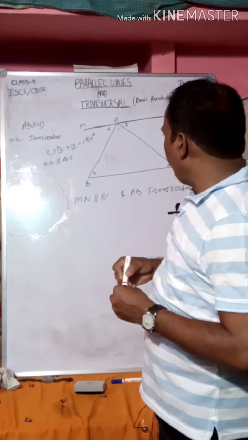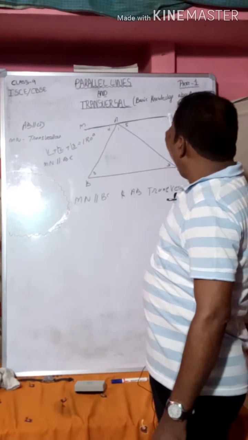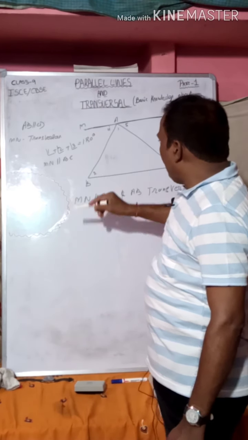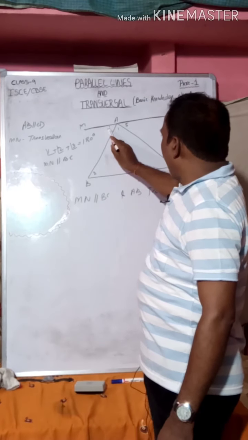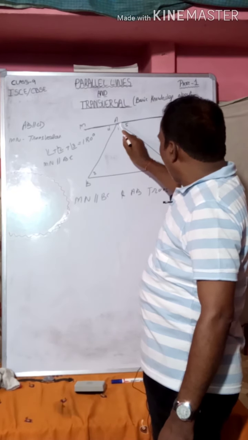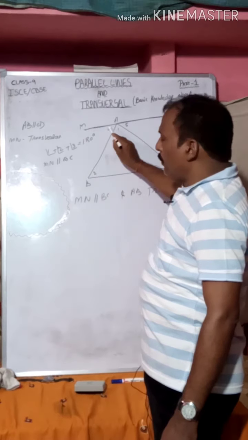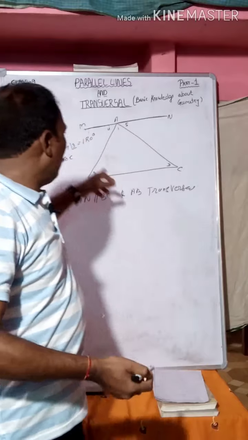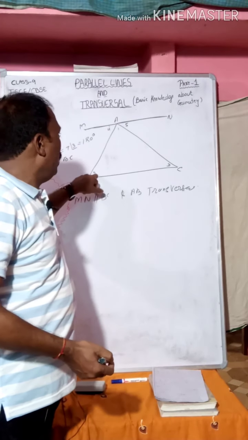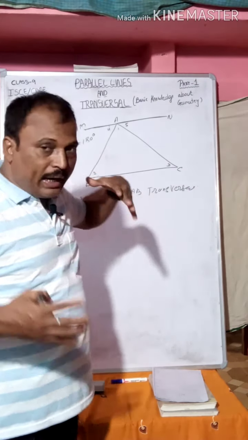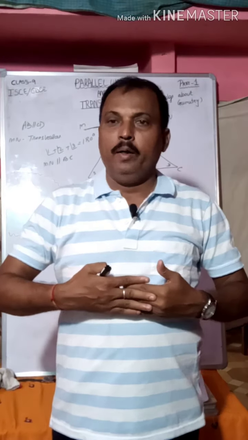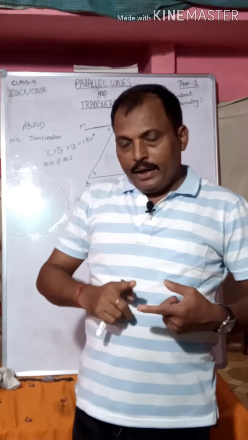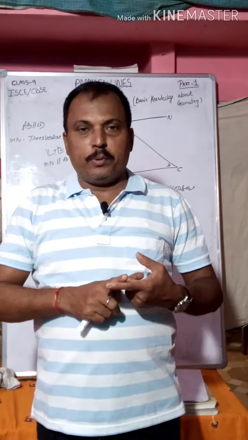What will be? Look, MN parallel to BC, AB is a transversal. So how many angles are formed here? This is the angle, and this is the angle. So prominently angle 2 and angle 4 are formed. What is the relation between angle 2 and 4? Now recall your parallel lines and transversal.